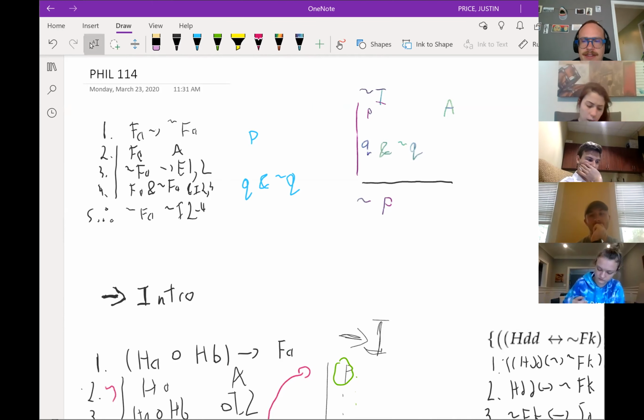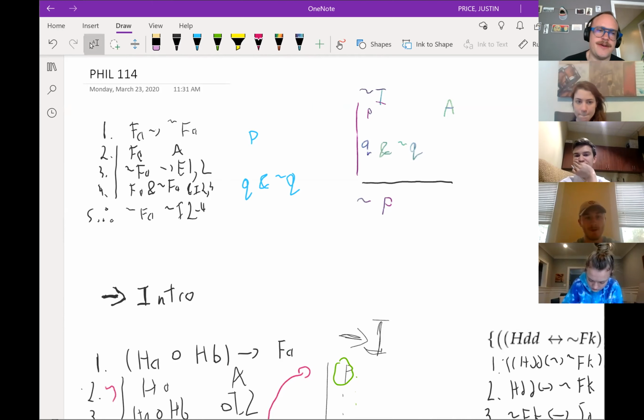Cool. Why wouldn't you use a conjunction elimination after line 4 just to get the negated FA? Aha. So that's a great question, because first of all, you're saying for line 5, we don't need to use that rule. We can just use conjunction elimination, right?